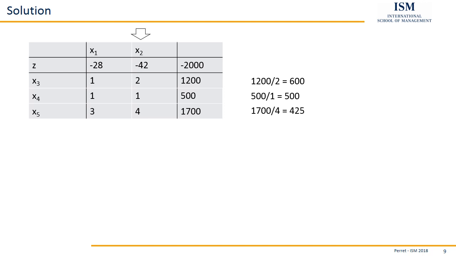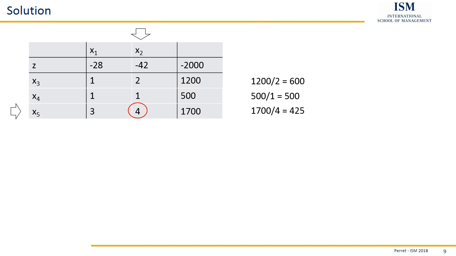The first one results in 600, the second in 500, the third in 425. So the third one leads to the smallest result. So we select the x5 row as pivot row. Then we have a pivot column and a pivot row, giving us the 4 as our pivot element. So the 4, which is at the cross of x2 and x5, is our pivot element.